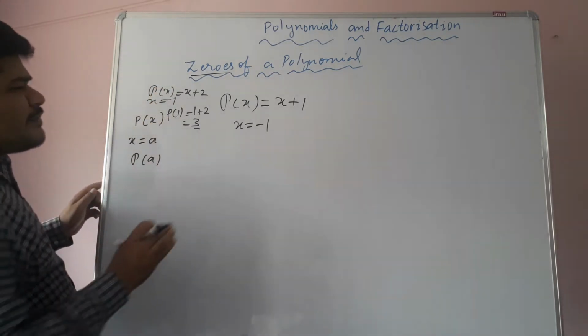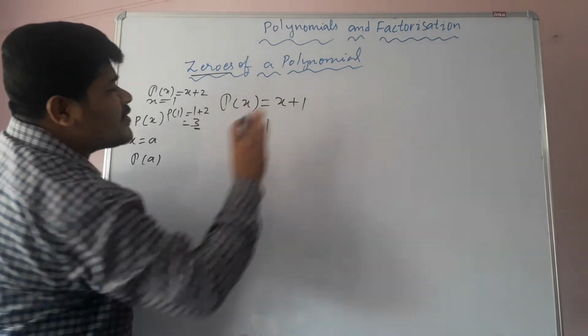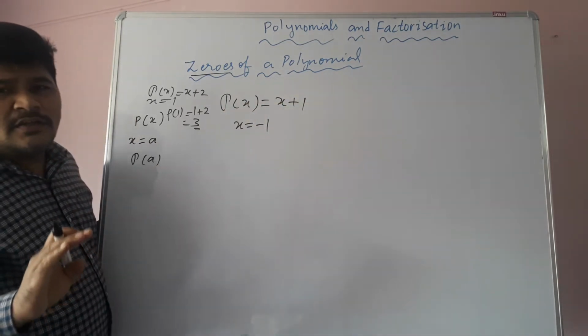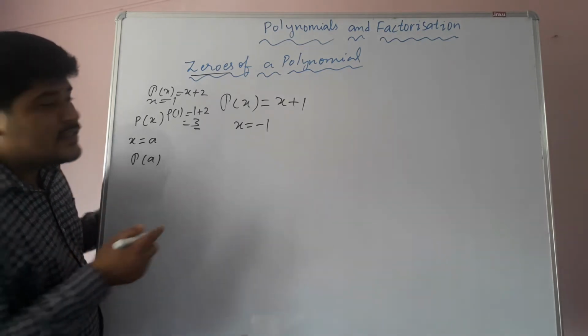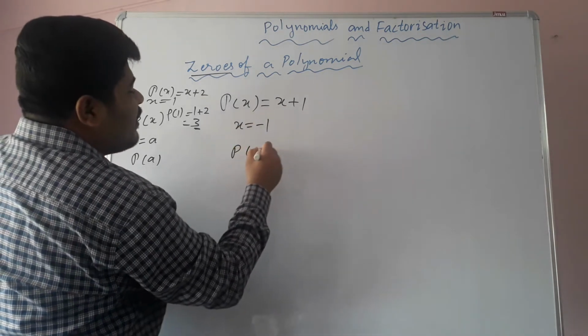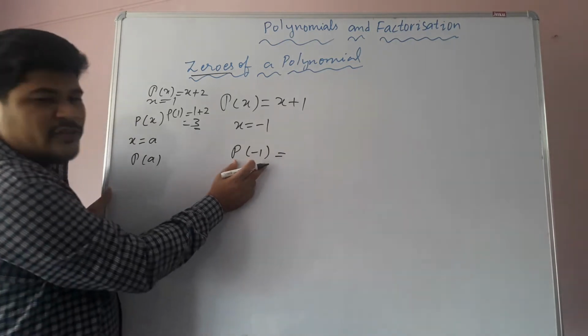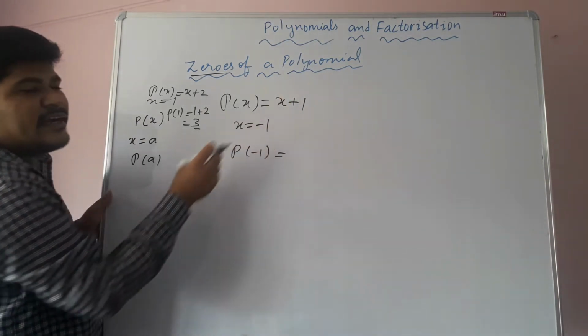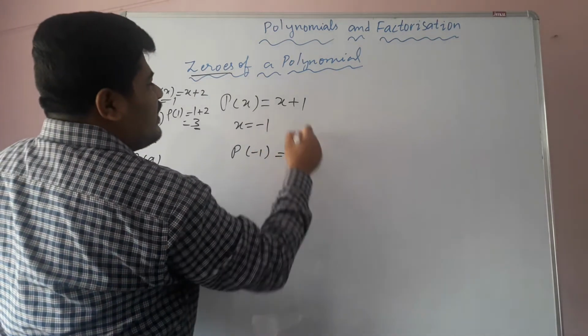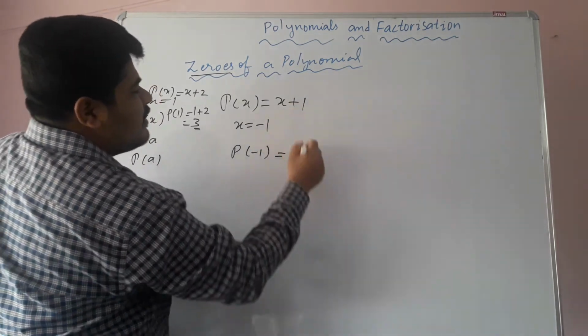So students, here p of x is equal to x plus 1 is the polynomial. If I take x is equal to negative 1, what is my answer? Find p of minus 1. p of minus 1 means we are just replacing x with negative 1. So instead of x I am writing negative 1 plus 1.